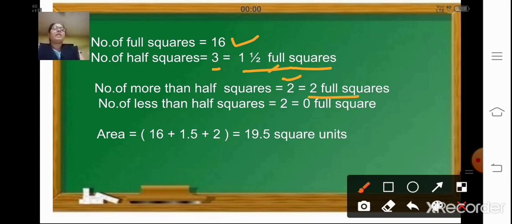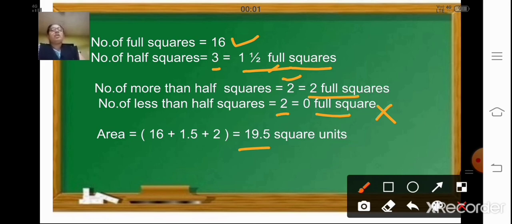So 2 full squares, and number of less than half squares was again 2, which is equal to 0 full squares. So this we will not take into consideration. We will add only 16 plus 1.5 plus 2, which is 19.5 square units. That is, the area covered by this figure is 19.5 square units.